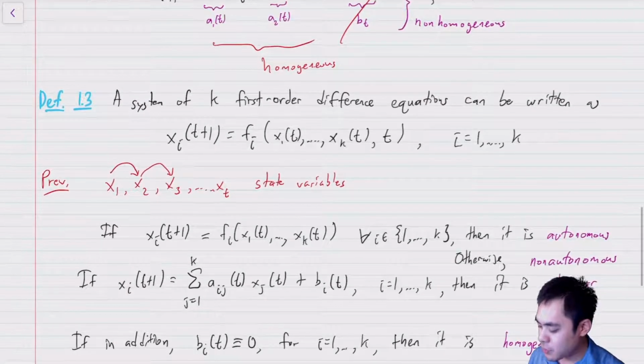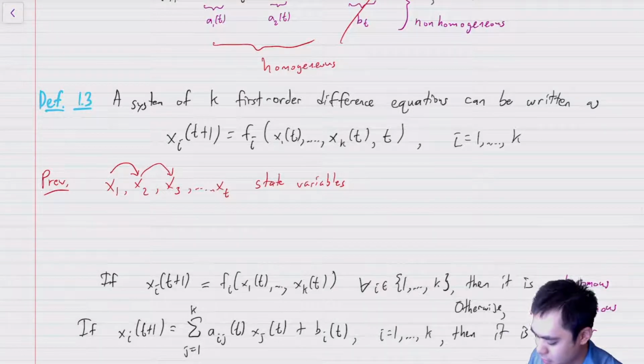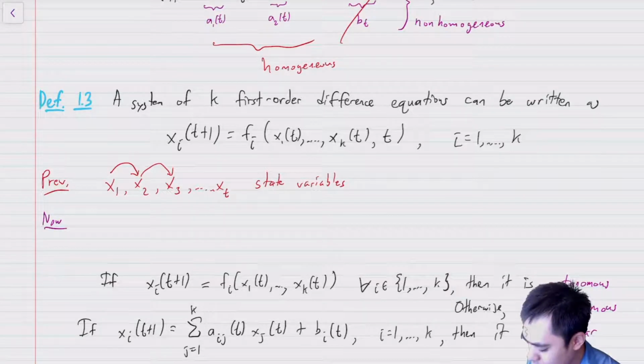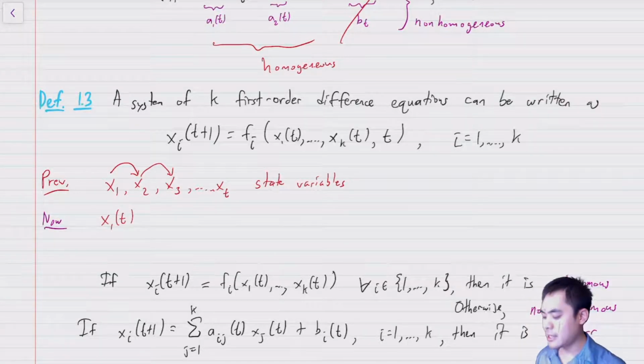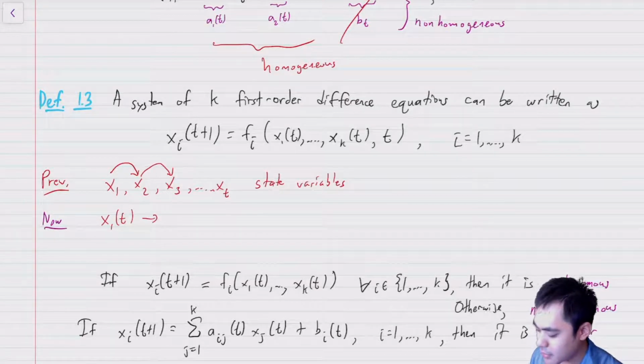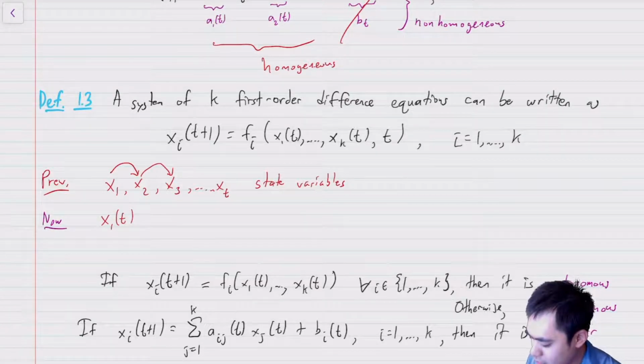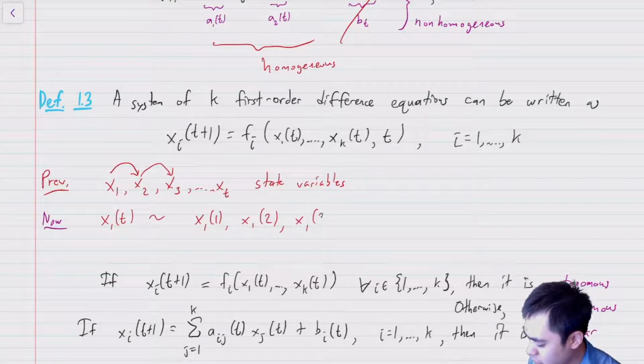In this definition, we have something like x1 of t as a function. So this is going to be x1 of 1 to x1 of 2, x1 of 3, and so on, because it's x1 of t.